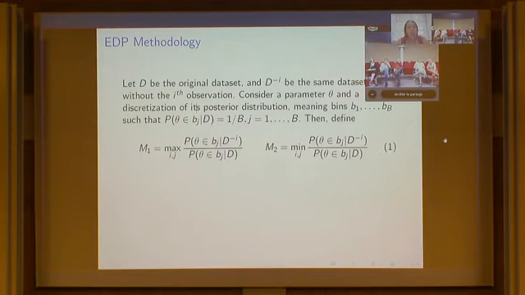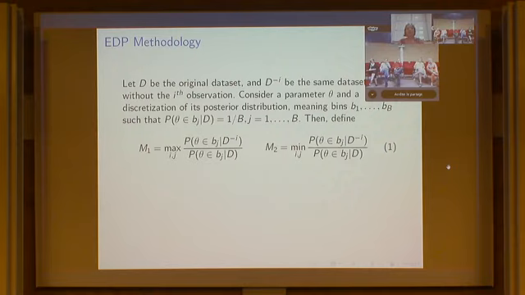Okay, and then you want to compute these two quantities. You look at the probability of theta being in that bin if you had a neighboring data set to your true data set, compared to what you had in the true data set. And then you look at the max and the min of that. You can sort of see that this has the flavor of differential privacy. You're trying to look at how your posterior distribution changes as you change the input, and here the input is changed between D and D minus i.